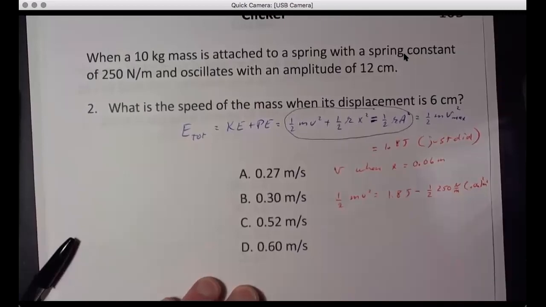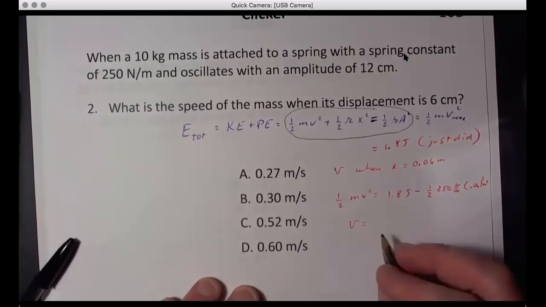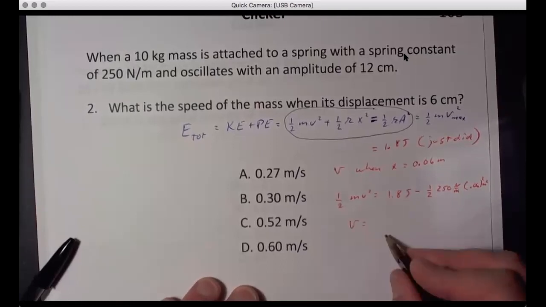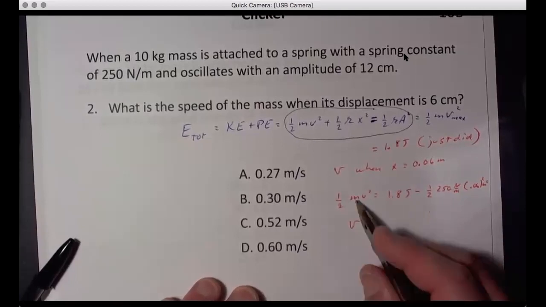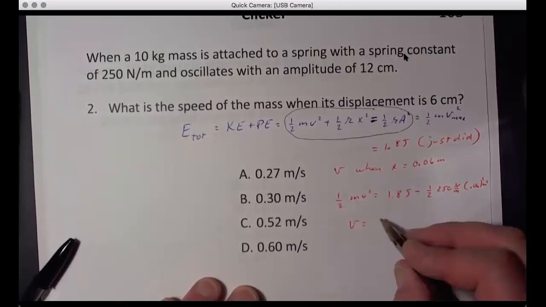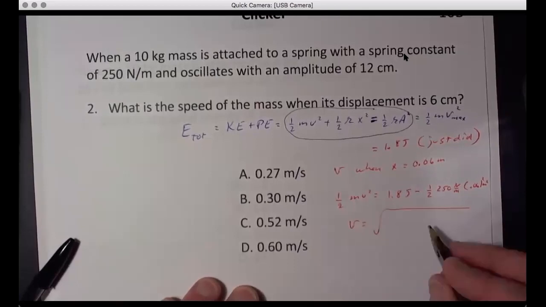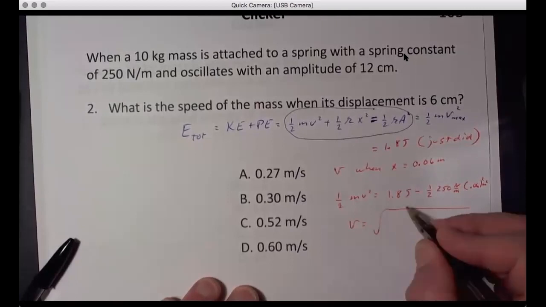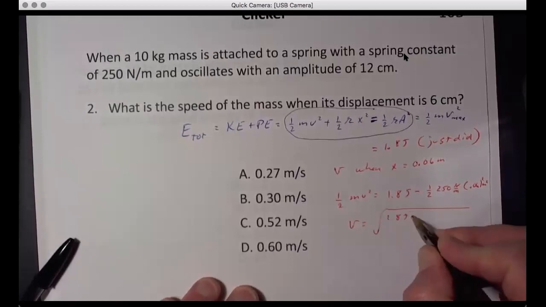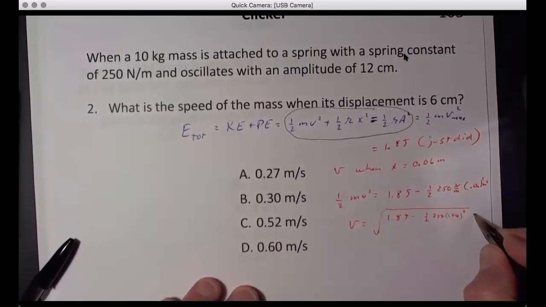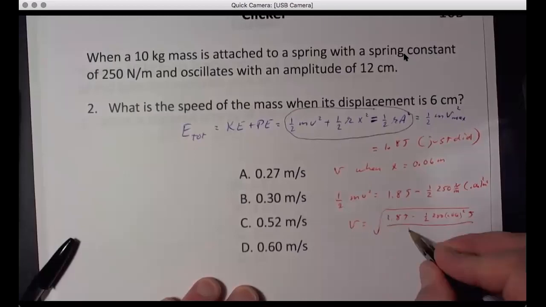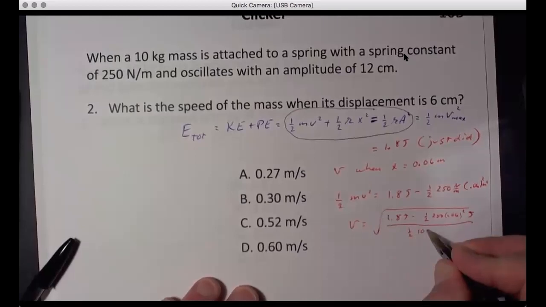And so v is equal to the square root of, well, we take what we have on the top, 1.8 joules minus 1/2 times 250 times 0.06 squared joules, divided by 1/2 of 10 kilograms.